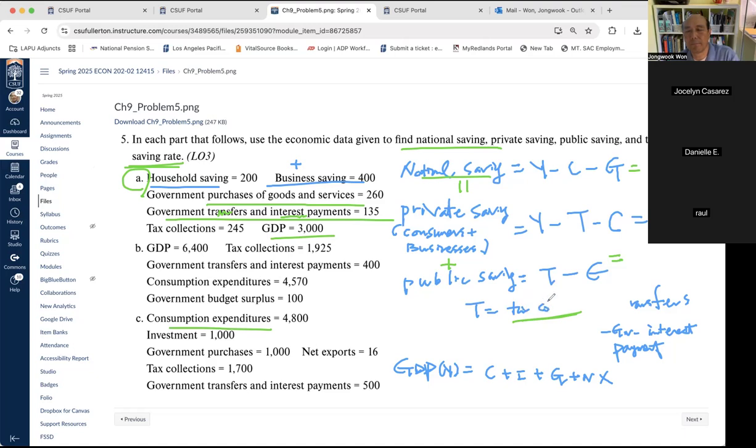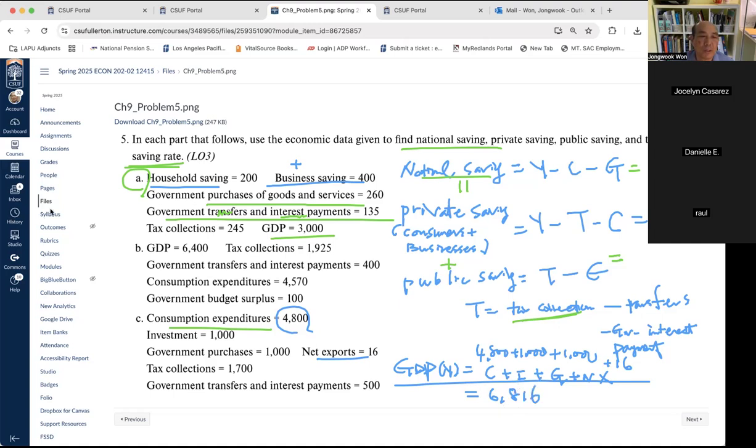Consumption is 4,800. Investment is 1,000. Government purchase is 1,000. NX is 16. If you add all this, that's GDP, right? So this is 6,816, that is GDP.